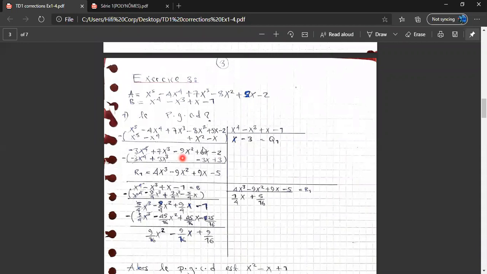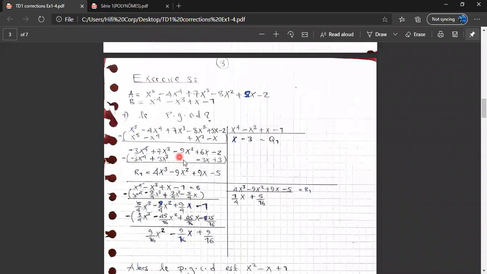Like terms together, I was putting them with their like terms so that I work them out. This and this, it will be 0. 7x to the power 3 minus 3x to the power 3 to give us 4x to the power 3.